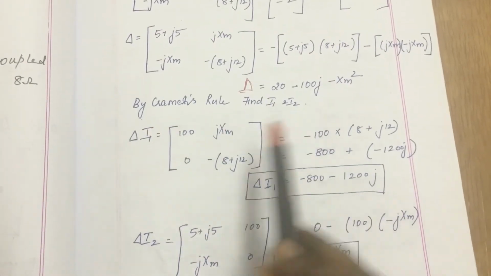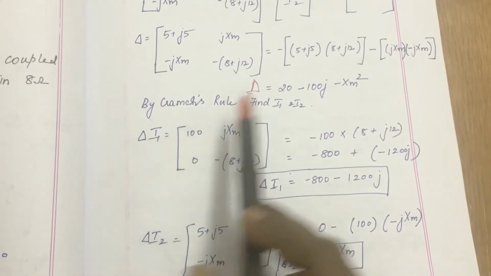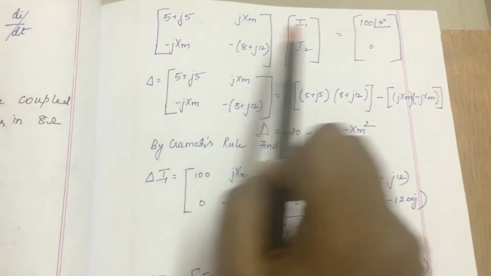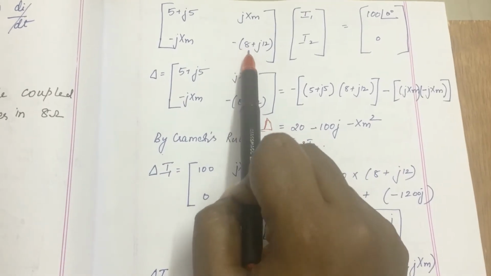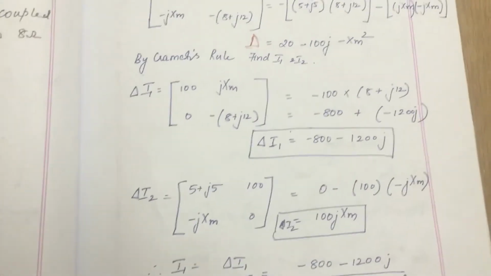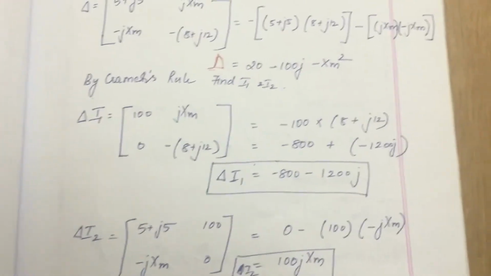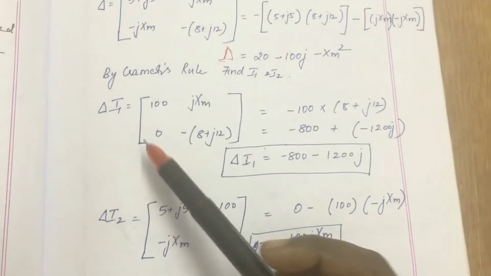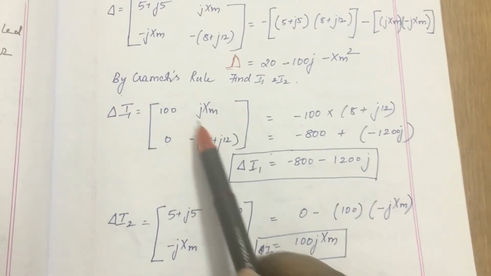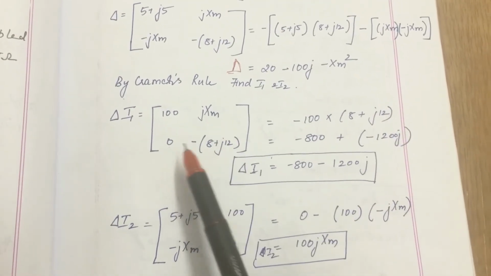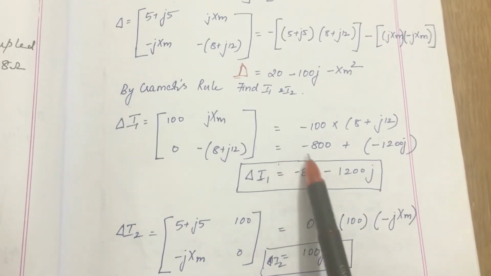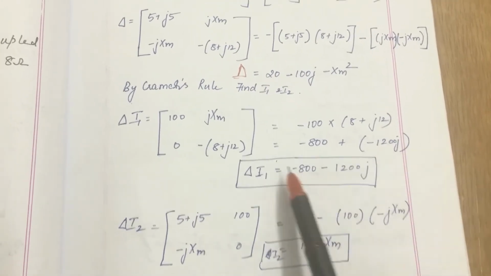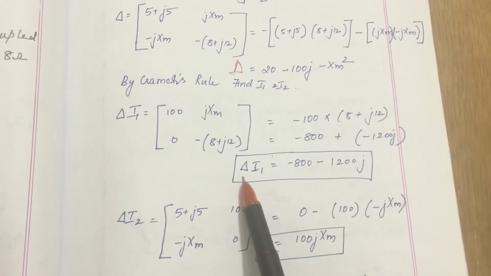So by Cramer's rule, I am going to find my I1 and I2. Substitute the right hand side voltage value here to find I1, and here to find I2. First, I am going to find my I1. So I am substituting 100 angle 0, which I can take as 100 and 0. Substituting this 100 into this value minus j into 0, my equation goes as minus 800 minus 1200j, which is del I1.